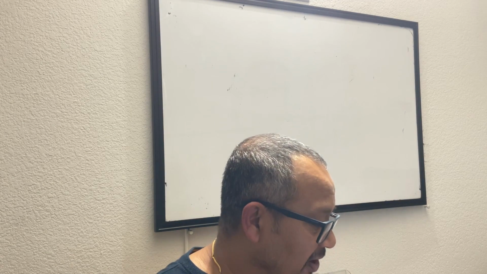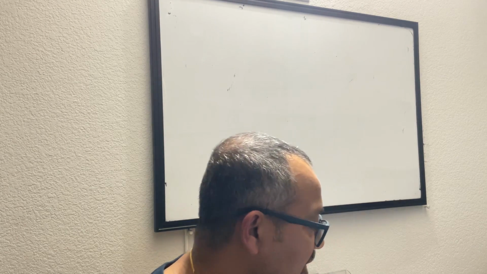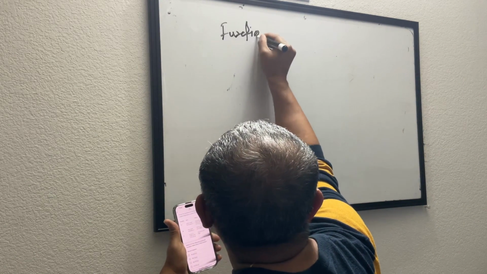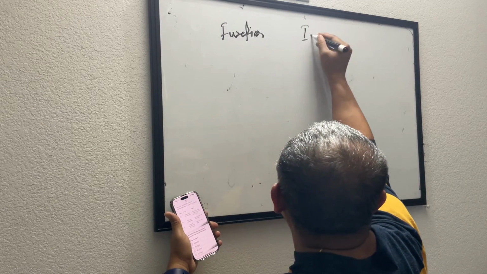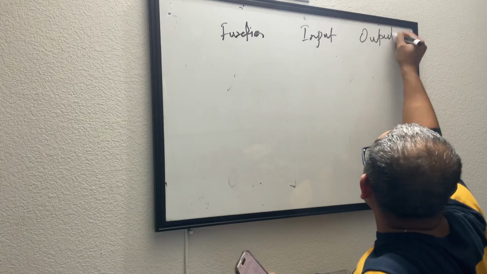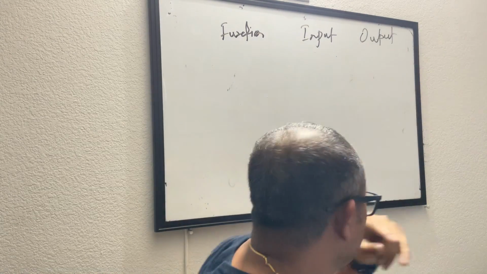The question says, Dennis has modeled the following relationship about the party he is planning. Every function has this situation, right? There is a function which has some input that gives an output.